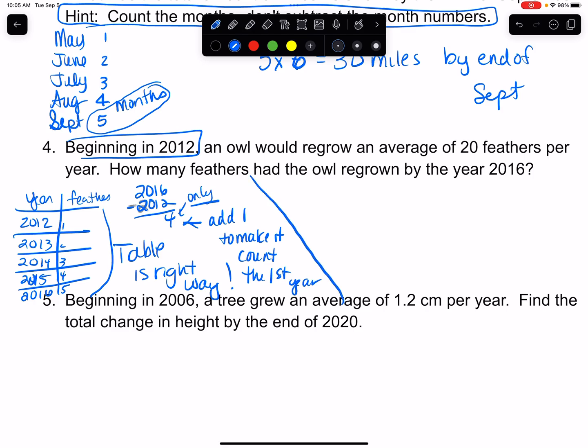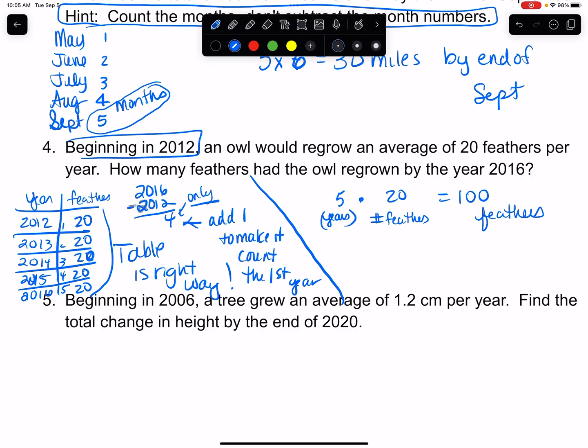If you're not sure, use a table, which is what we did on the one prior. So if I did a table, then the owl grew feathers 5 times. So you could do 5 years times number of feathers equals 100 feathers.